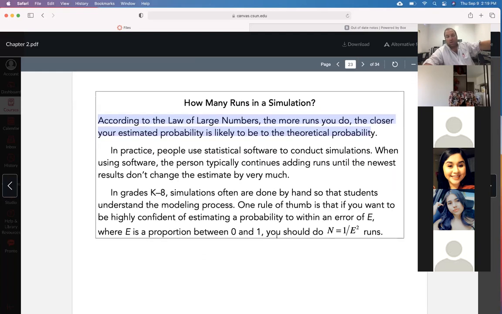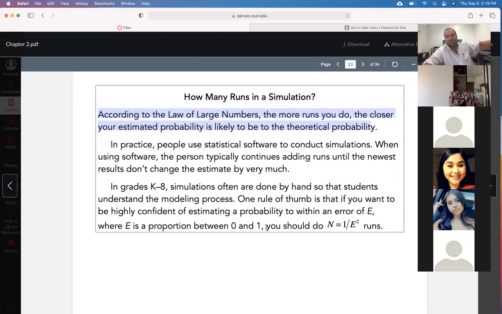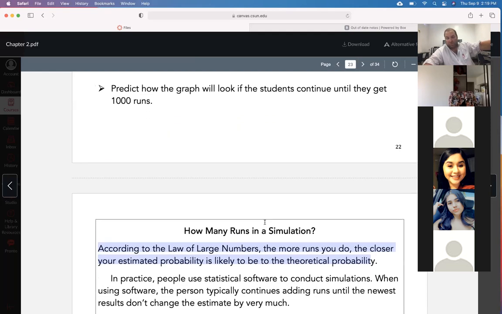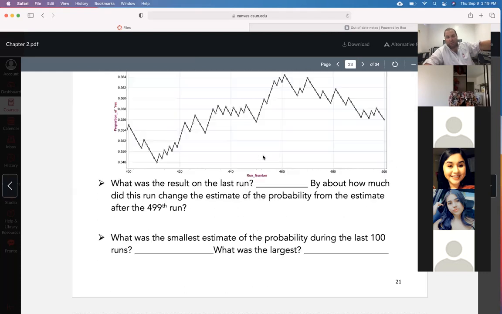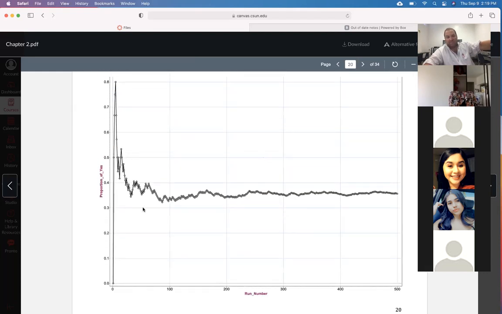Okay, now, there is a nice rule of thumb, which I want to cover for a second. It's kind of obvious if we go back to that original graph, if we had done 10 simulations, you can see major fluctuation, right?